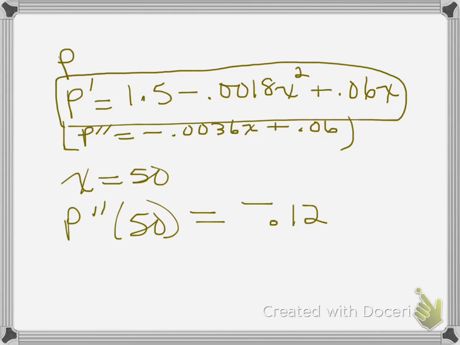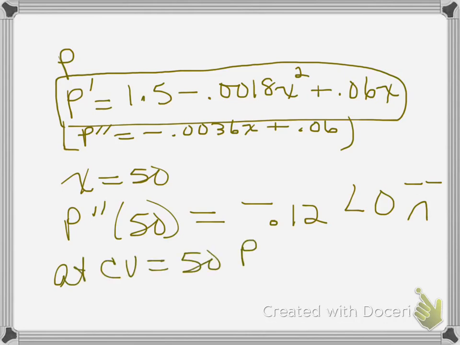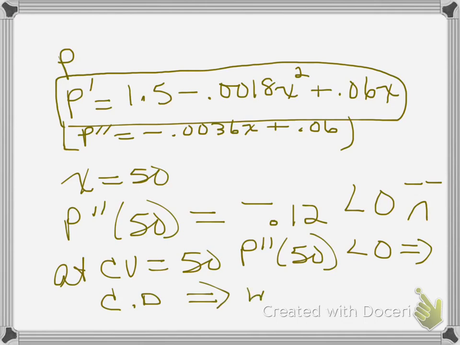You can verify that. And since that is less than 0, I'm going to have a max. So at the critical value x equals 50, the second derivative evaluated at 50 is less than 0. Therefore, my function is concave down, which yields a max, and in this case, it yields a maximum profit. Okay, so 50 ties will do it.